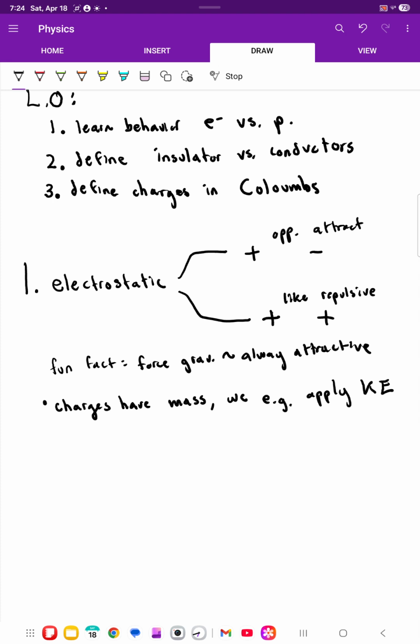When the charges are out of balance, the system could become electrically unstable.